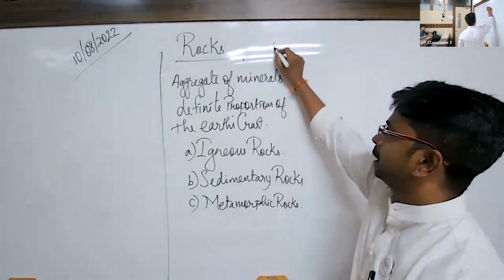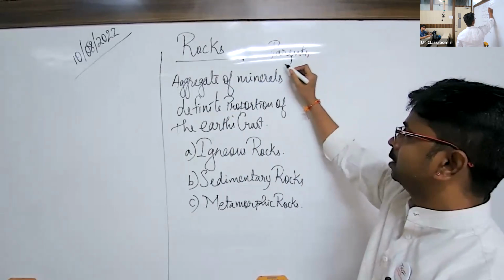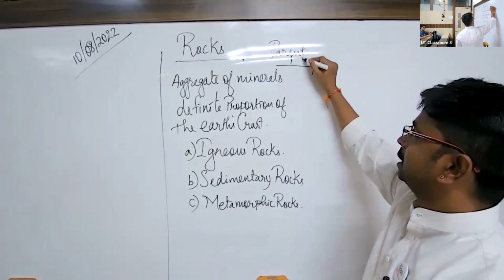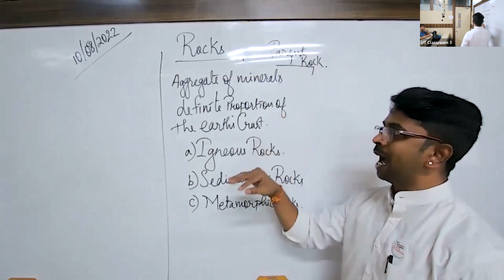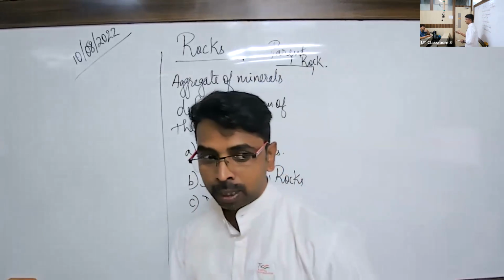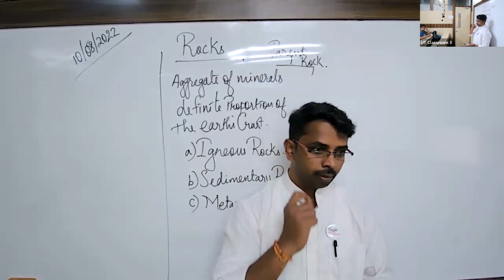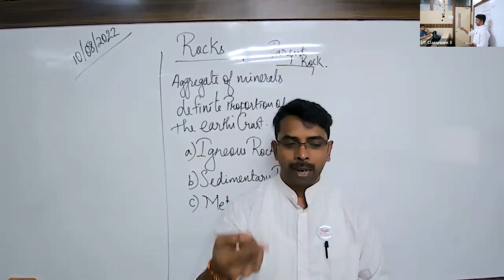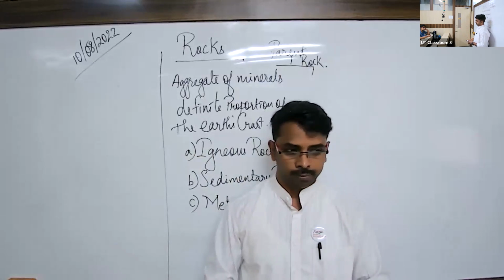Have you heard this word? Parent rock is the rock originally formed through which I am getting stones, gravels, pebbles. So whatever is the parent rock, the soil formed will have the same properties.